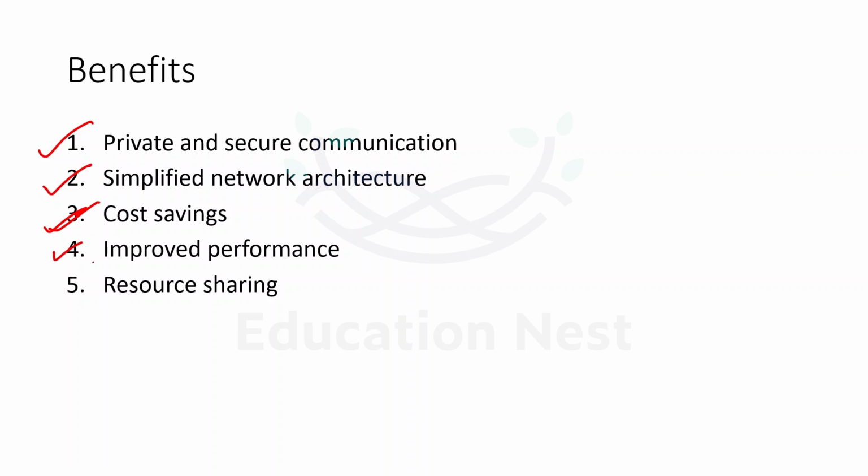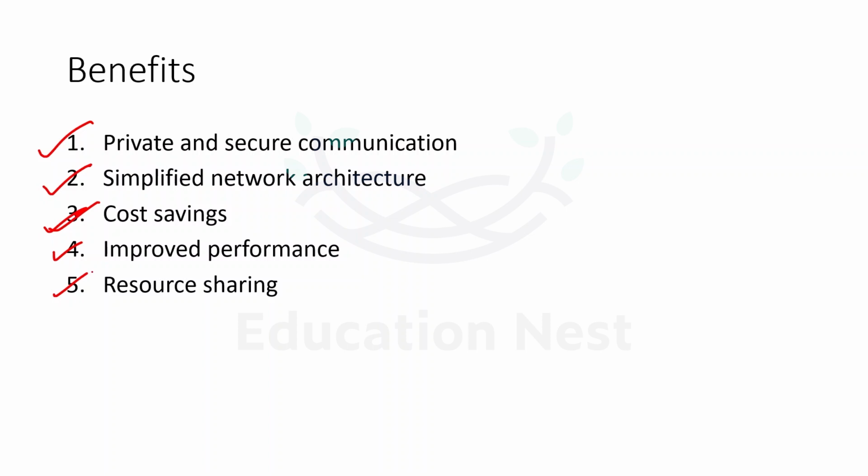We can have improved performance because we are reducing the latency associated with accessing resources over the public internet. This can be particularly beneficial for applications that require low latency or high bandwidth. Lastly, we have resource sharing.